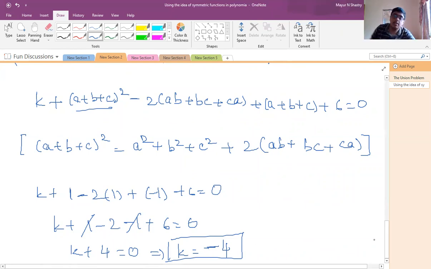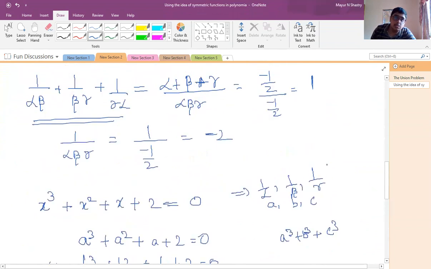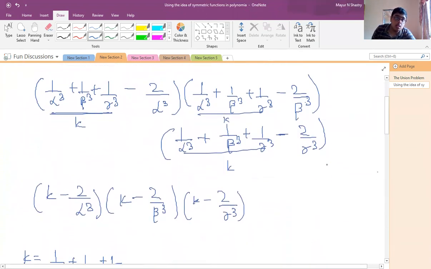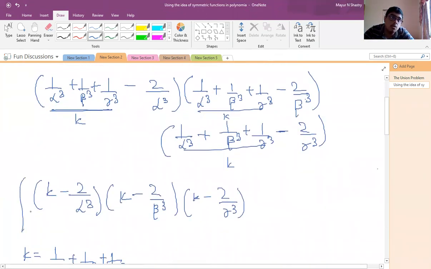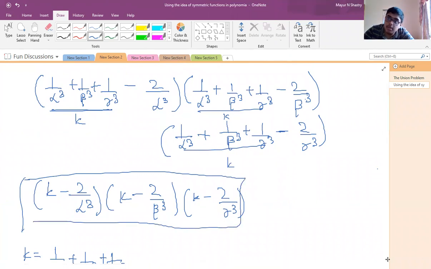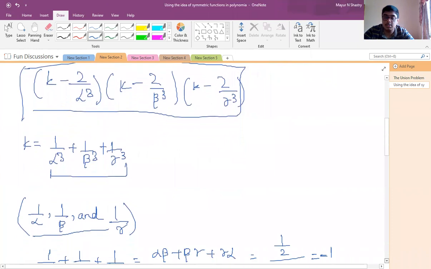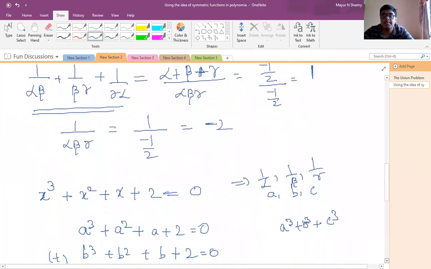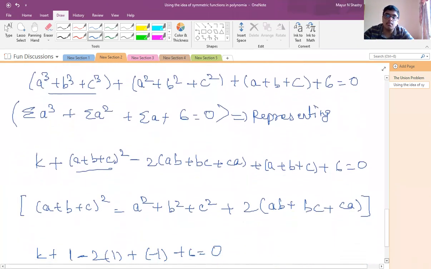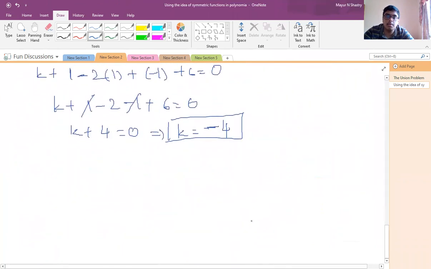So now, a big leap. What was our expression? This, right? We found this out. And we know that K is minus 4 now. So let's put K as minus 4 in that expression. Yeah.